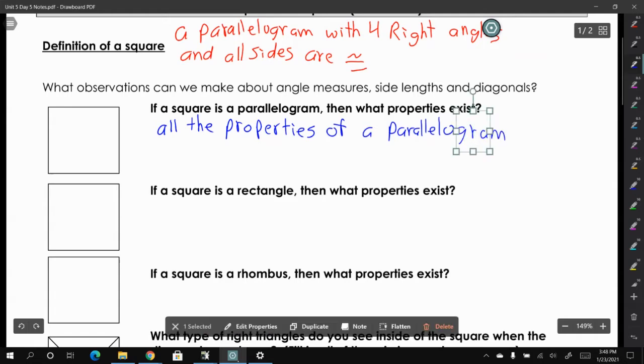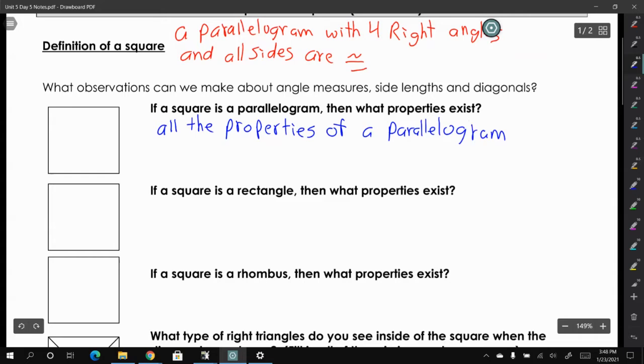So we're not going to keep listing them all. But remember, parallelograms have opposite sides congruent, opposite angles congruent, and then the diagonals bisect each other.